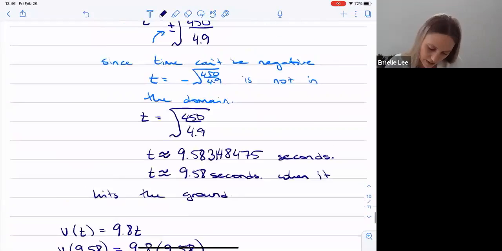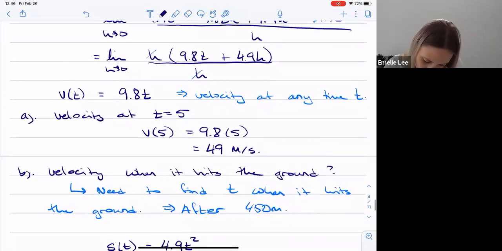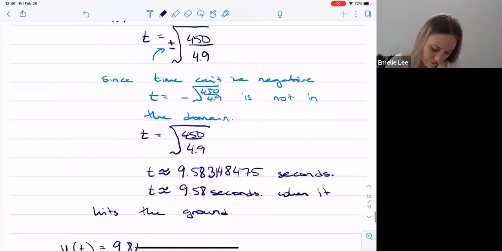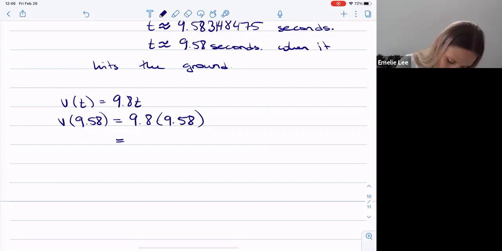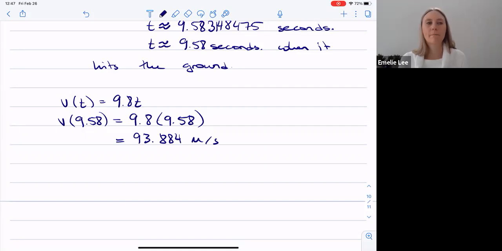Sorry, just checking. In my notes, I have 4.9 times 9.58. That's not right. Okay. Which is going to be 93.884 meters per second.